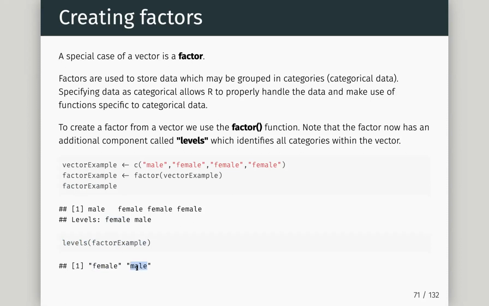You can think of these as the categories available in my data, female and male. So this is going to be useful because I don't need to do unique or interrogate my vector to find out what different categories I have. They're already here. Also, by creating this object, it's going to save space internally, so it actually helps R a little bit too.